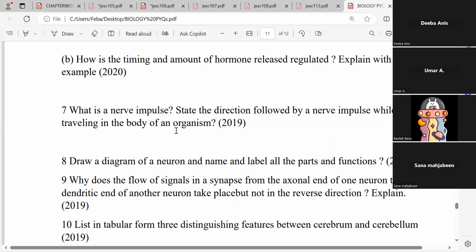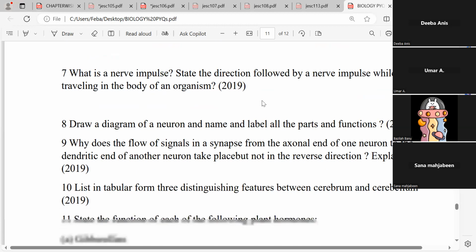And it is transported through the neurons from one part of the body to another, and it helps in responding to the stimuli. Now say the direction of flow of nerve impulse through the body of an organism. You have to write about the pathway. There's a receptor, a sensory neuron, the central nervous system, interneuron, motor neuron. The pathway has to be written.